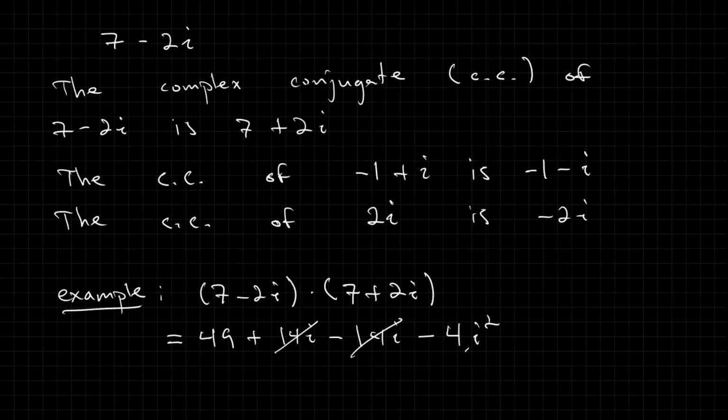This i squared will give us negative 1. And so negative 4 times negative 1 would be positive 4. So really what we have is 49 plus 4, which is 53. So this complex number times its complex conjugate gave us a real number. And this will happen every time.